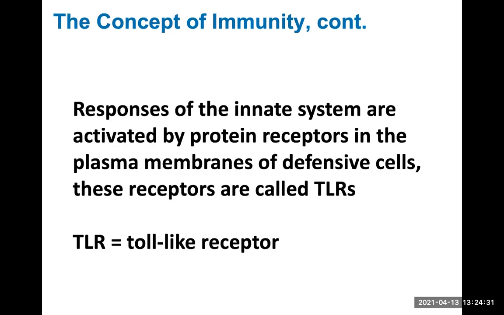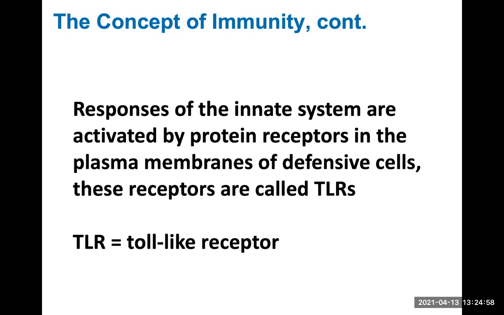Okay, so responses of the innate system. How does your innate system get activated? Some of the innate immune system is just always present, always being made, and we'll be talking about that first, the physical and chemical factors. And then the second line of defense of the innate immune system is activated when protein receptors are triggered.